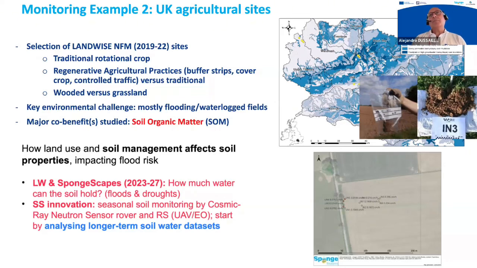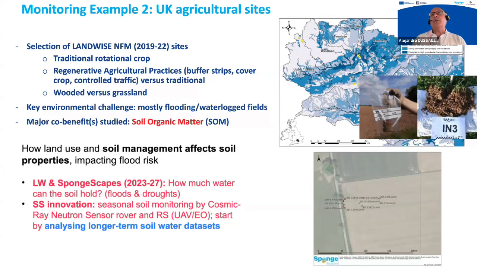We selected some of the sites of this very large project, particularly a few of regenerative agricultural practices that included buffer strips, cover crops, and controlled traffic, versus one site that is more traditional, rotational crops, and also some wooded versus grassland sites.